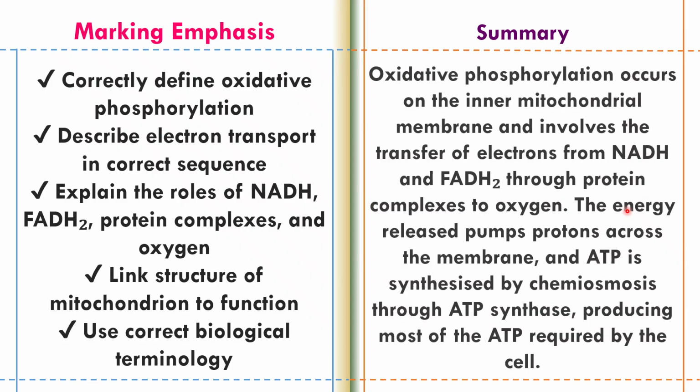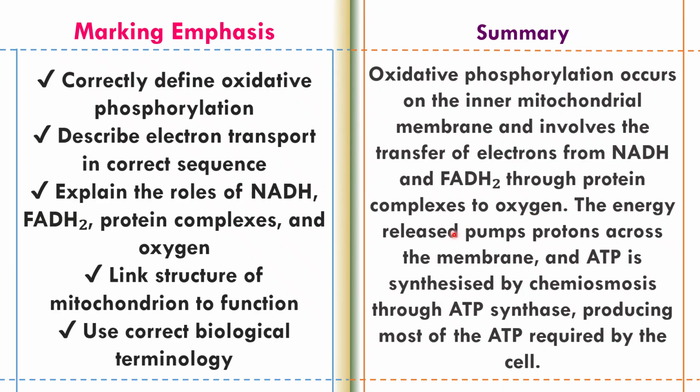Summary. Oxidative phosphorylation occurs on the inner mitochondrial membrane and involves the transfer of electrons from NADH and FADH2 through protein complexes to oxygen.